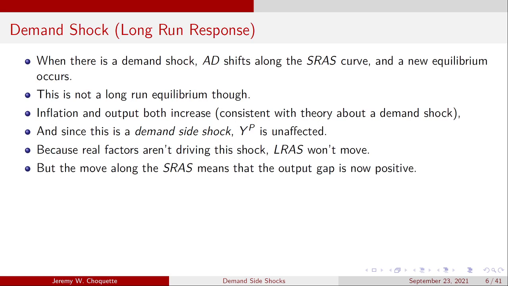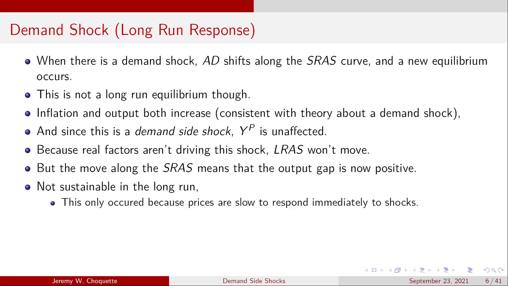But the move along short-run aggregate supply means the output gap is now positive, which is not sustainable in the long run. This only occurred because prices are slow to respond immediately to shocks. So not all firms can increase their prices in order to ration their products. Remember the $5 footlong example I gave in the previous video?